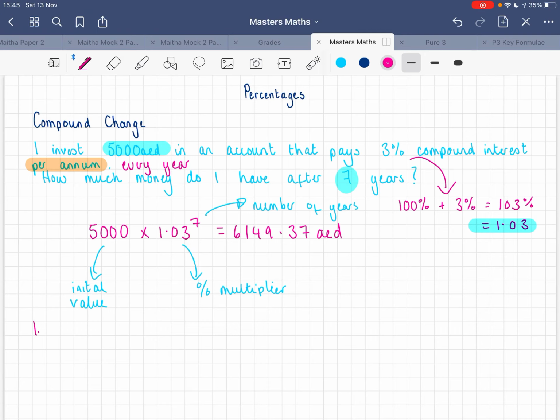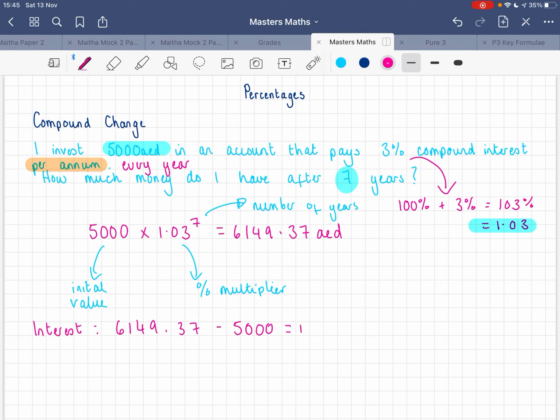Now, to calculate how much interest you've got, that's the difference between our final value and the original value we invested. So to finish that off, this question hasn't asked for it, but an exam question potentially could. So we would do 6,149.37, subtract the original 5,000, and that will tell us exactly how much money the bank have actually given us.